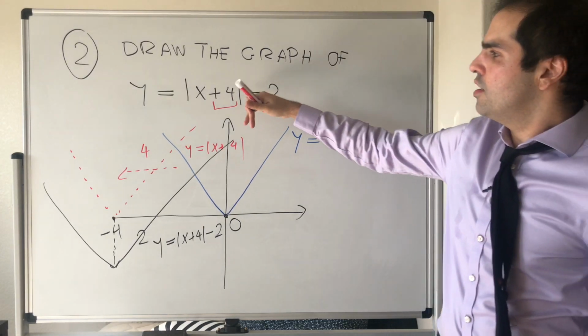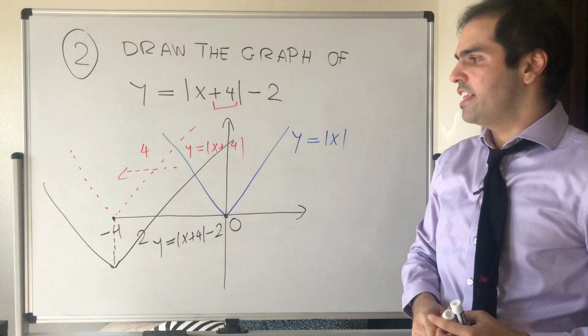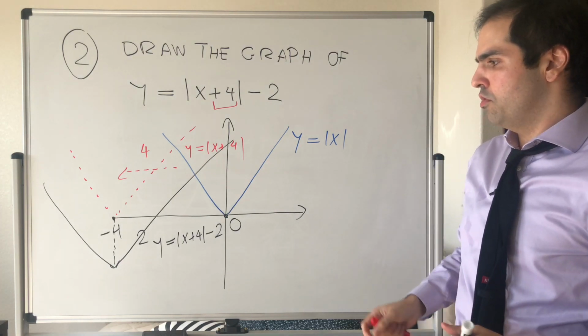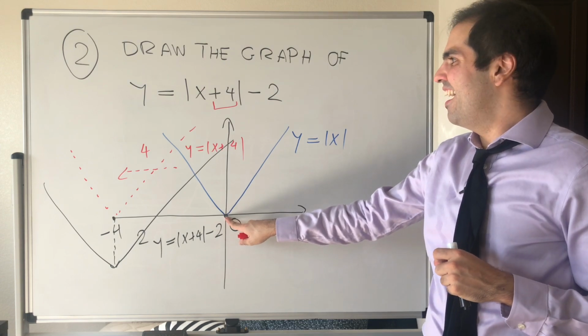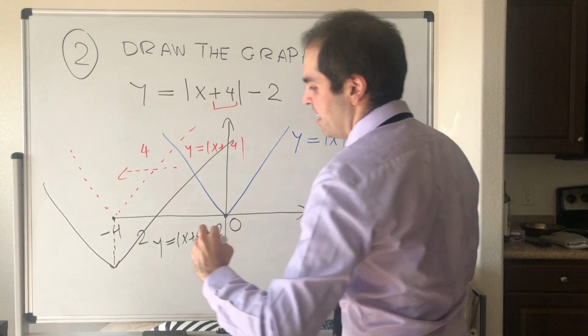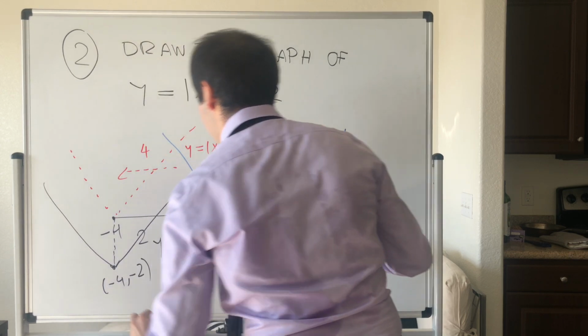So again, you shift it to the left because of this plus 4, and you shift it down because of this minus 2. If this is the vertex of the absolute value, the new vertex is (minus 4, minus 2).